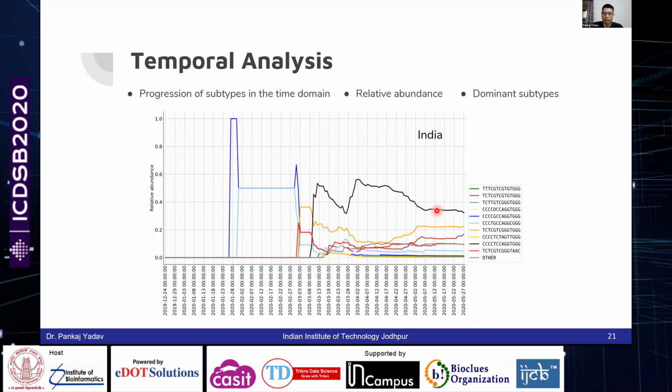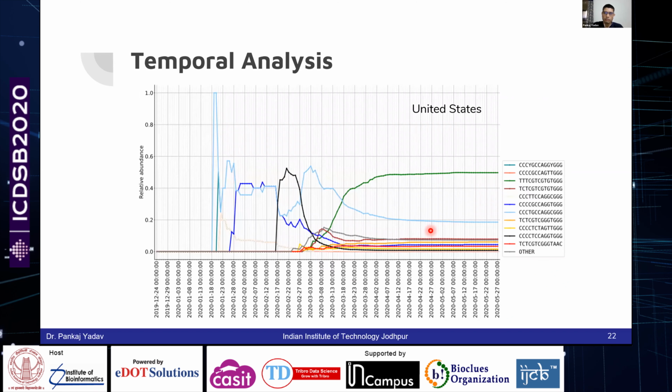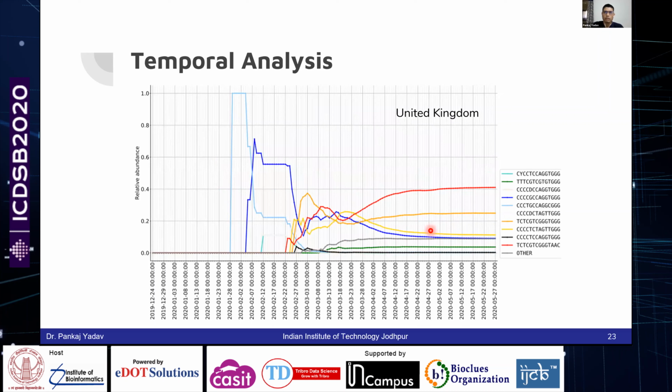If you look back at India, we don't see that green isotype at all in the Indian population. Another interesting thing is that in India the blue one started, and the light blue, the same isotypes that we saw. This probably explains that many Indians were traveling to the UK during that time.